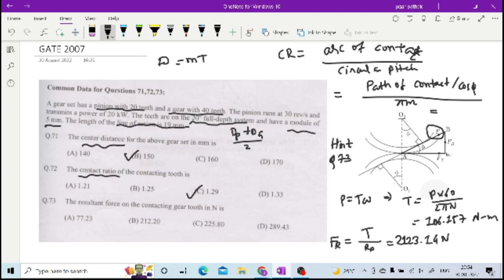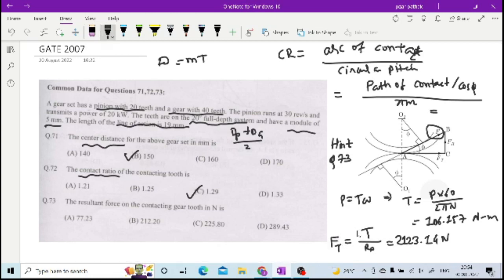So once you have Ft, then what you have to calculate is this particular F, right? Torque is generated with this Ft only.